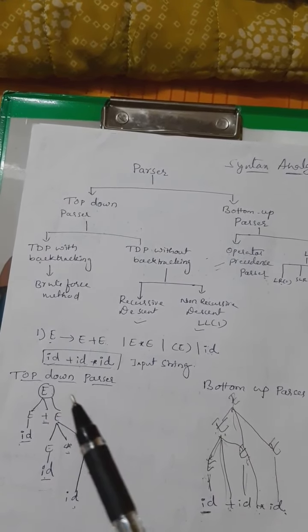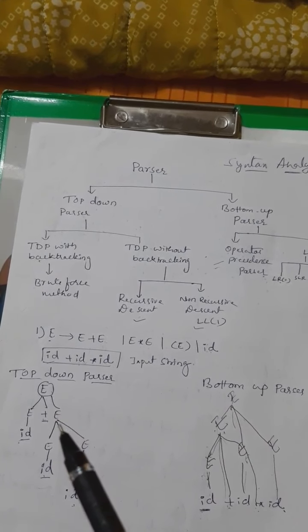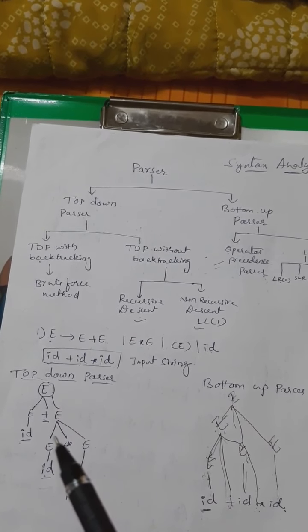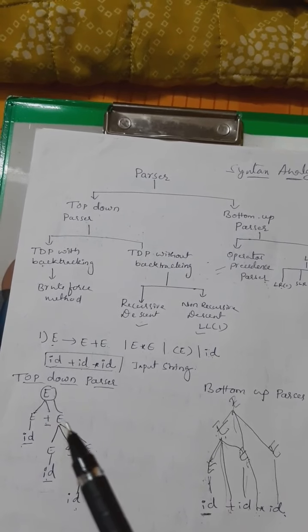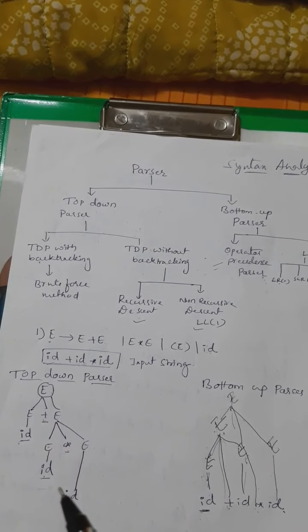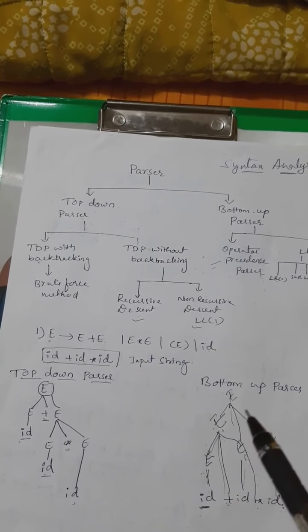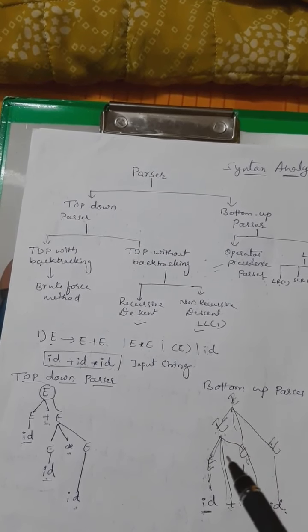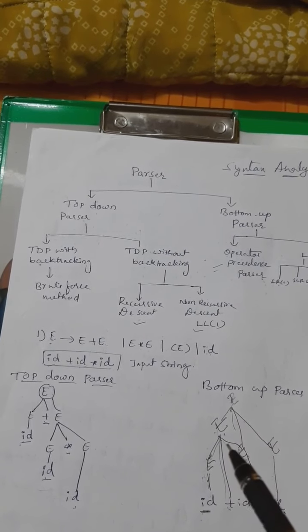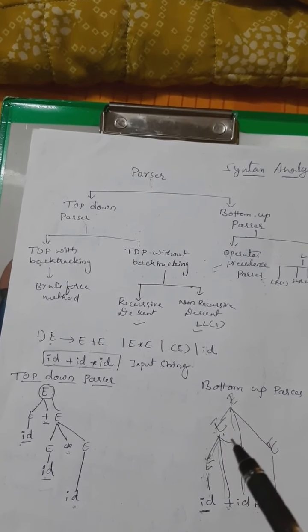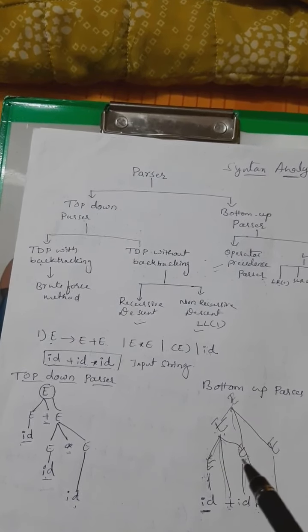The main problem with the top-down parser is what to use, which production is used to parse the given input string, and the main problem with the bottom-up parser is when to reduce. Which symbol is reduced, the decision on that will be very difficult.